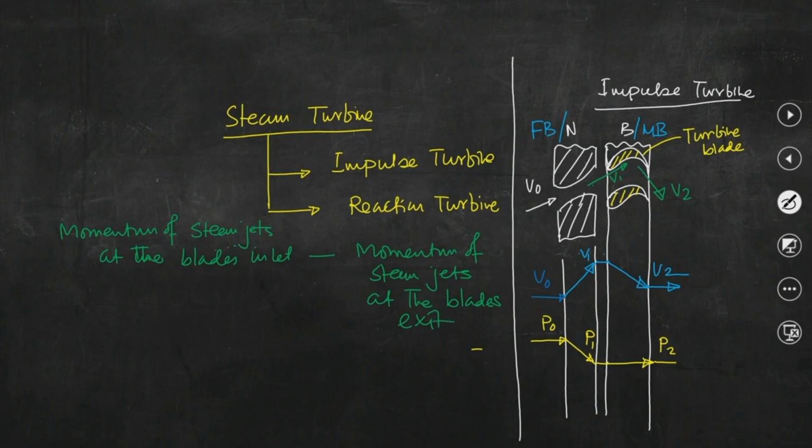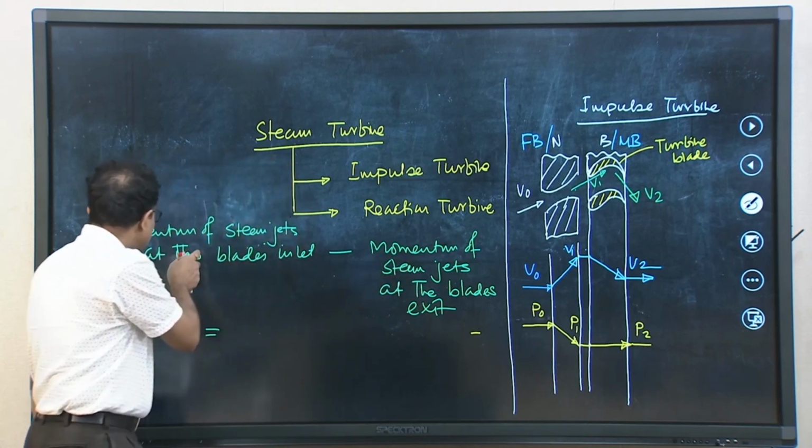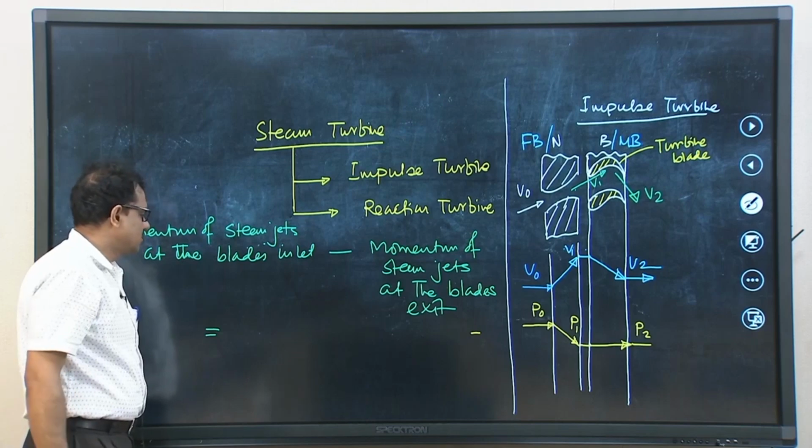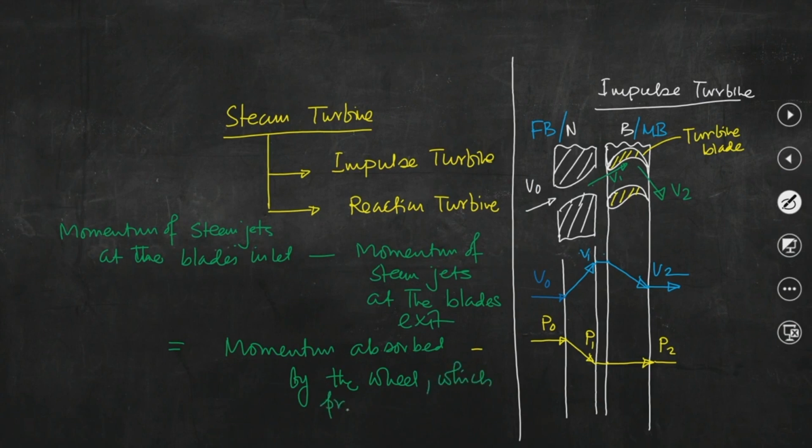So, you can understand definitely these two are not the same. The momentum of steam jets at the exit of the blades is less than the momentum of steam jets at the inlet of the blades, and that is how the momentum change, or momentum absorbed by the wheel, which produces shaft work.